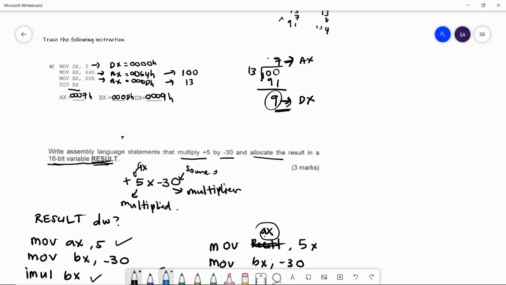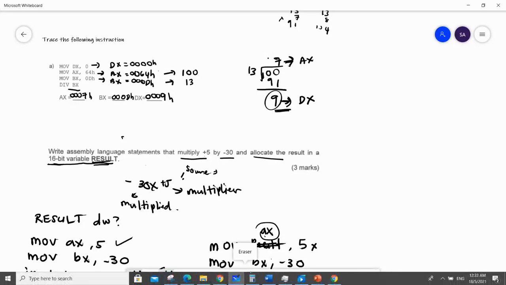Okay, how you write your assembly language statement when you have a multiplied positive 5 by negative 30. Okay, so the multiplier, okay, silap kat sini. So this is negative 30 times with the positive 5.